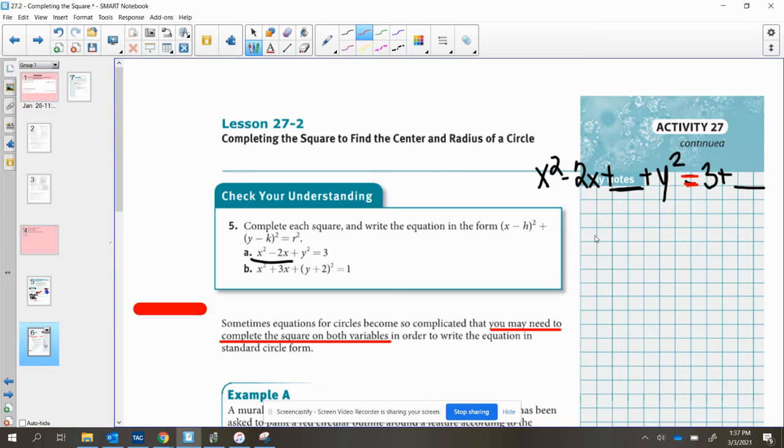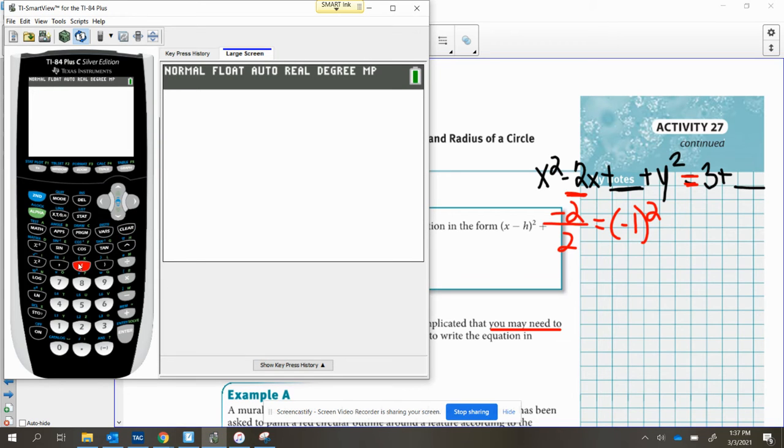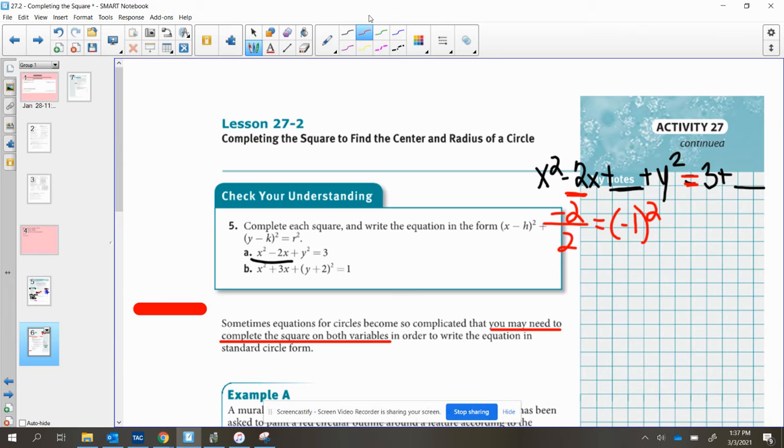And again, the value we're going to add is going to be this b term, which is -2. And we're going to take -2, divide it by 2, and that value squared is what gets added to the other side. Now, a reminder, whenever a negative number is squared, it's a positive number. So notice we're always going to be adding a positive number.